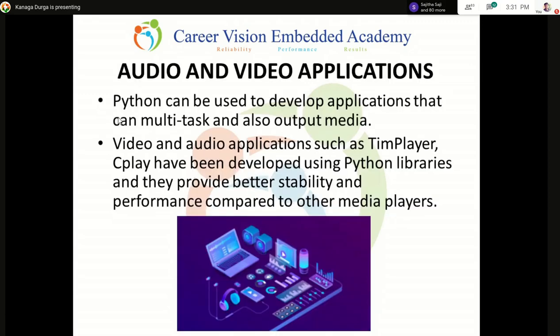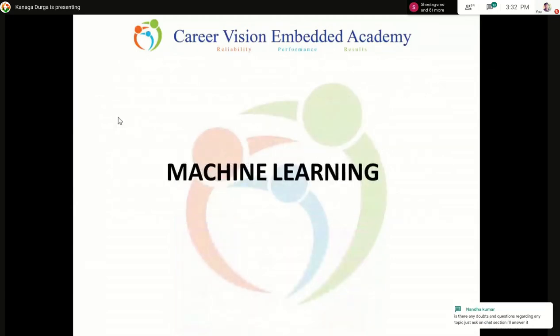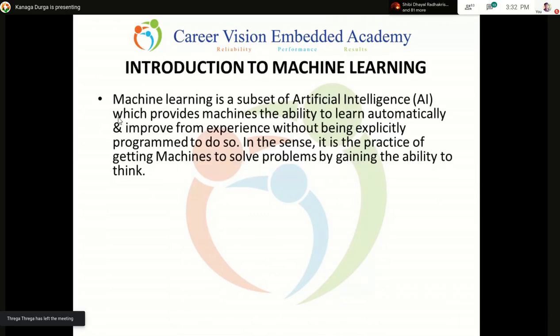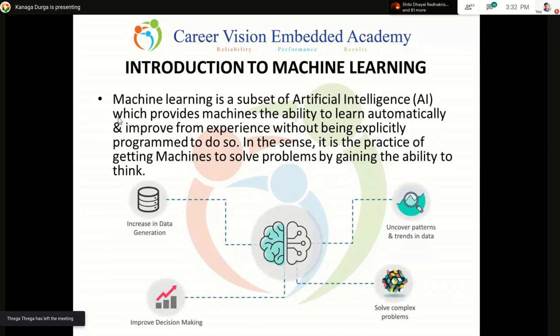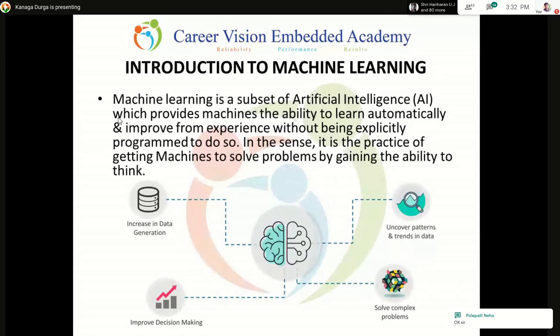So this is in general an overview about Python, the features of Python, and the applications or real world usages of Python. Now let us move on to the second major part of this webinar, which is machine learning. Introduction to machine learning. Machine learning is a subset of AI, artificial intelligence.